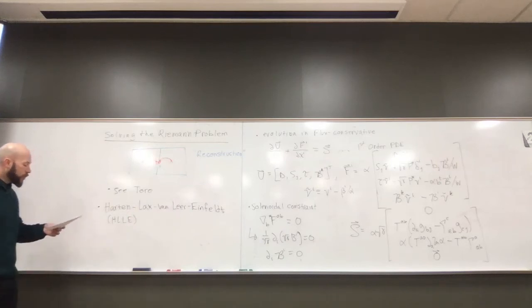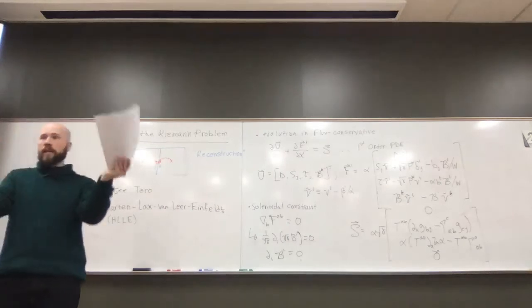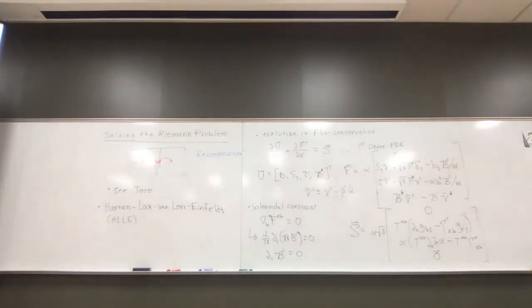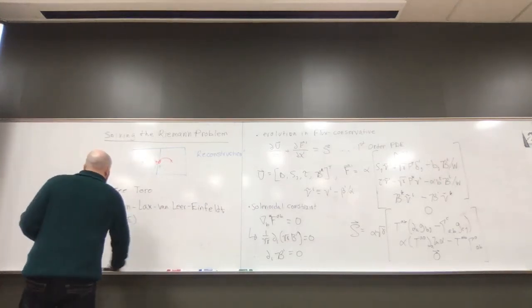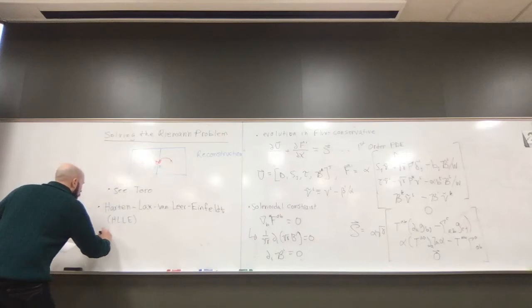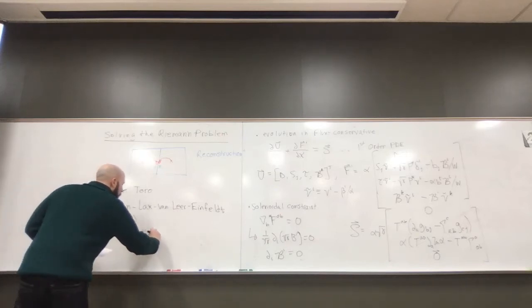And it is a two-wave approximation. So in the Riemann fan, it pretends that there's only two characteristic waves, the fastest and the slowest, or the most negative and the most positive in that characteristic wave family, okay? So this is what we'll call a two-wave approximation.